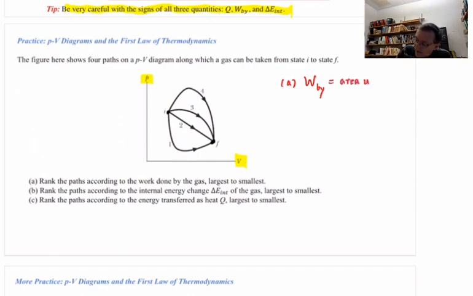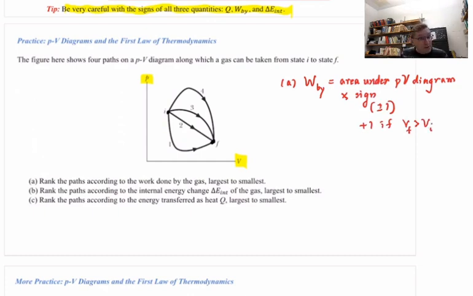Area under the PV diagram. Now I am going to add one more thing. Multiply that by a sign, that is, a plus or minus 1. Plus 1 if V final is greater than V initial.